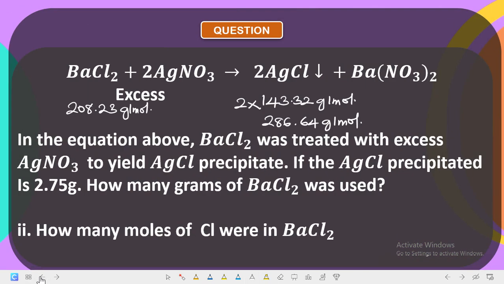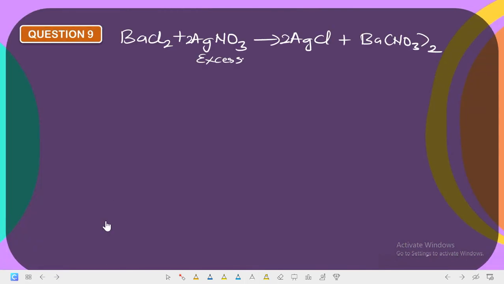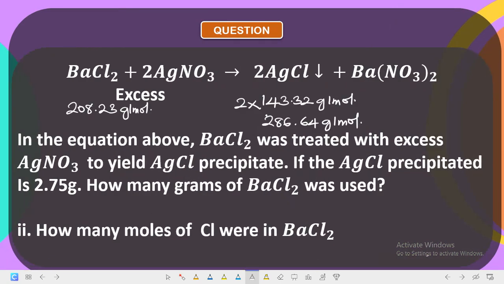So we come back here and say 208.23 gram of barium chloride gave, what is the mass of silver chloride as calculated? You know why we multiplied it by 2?